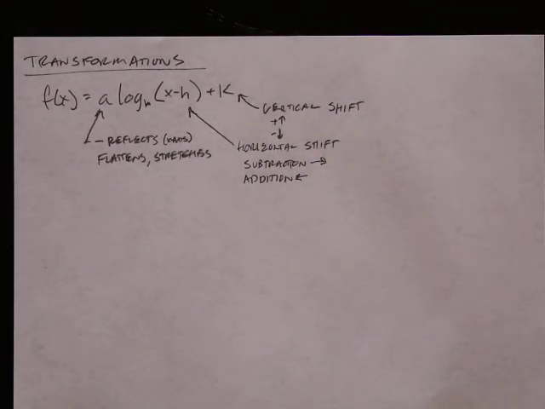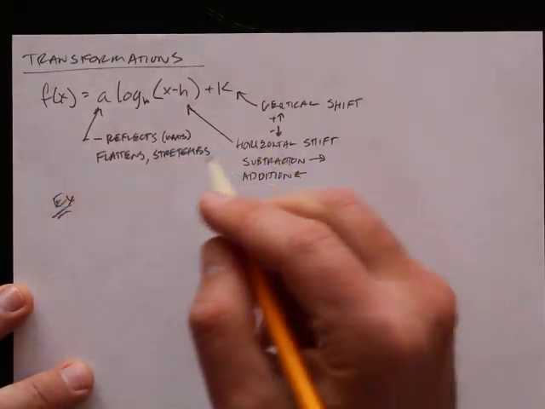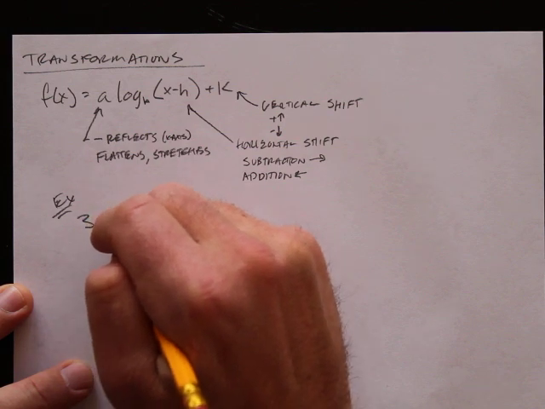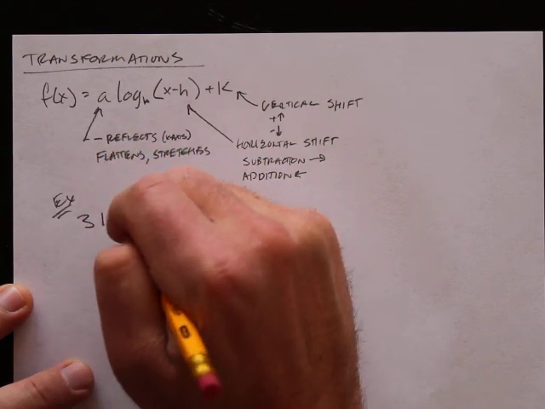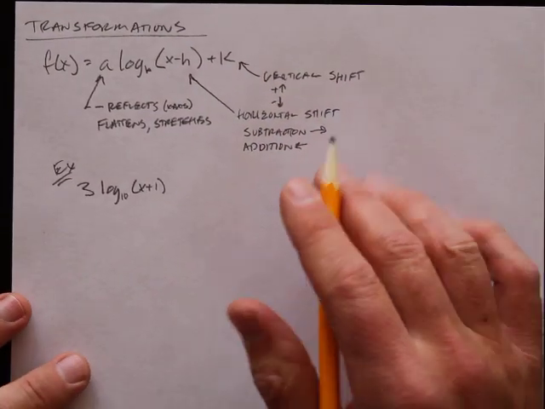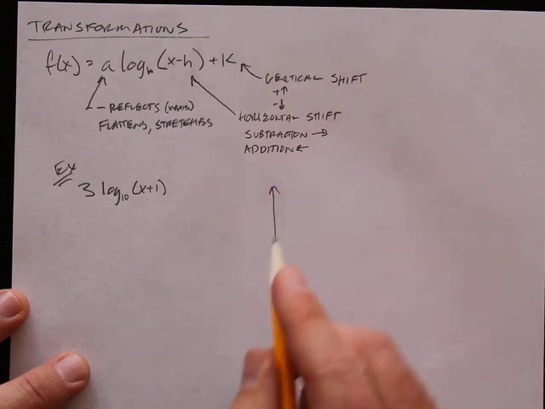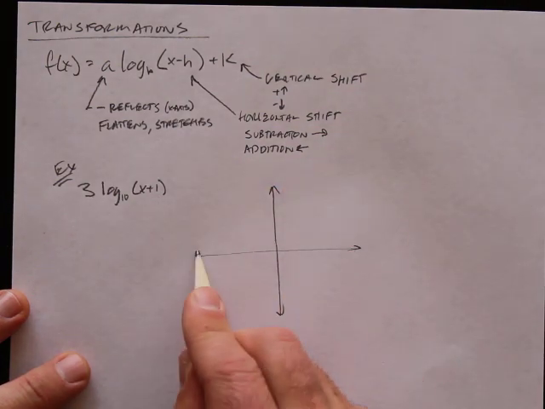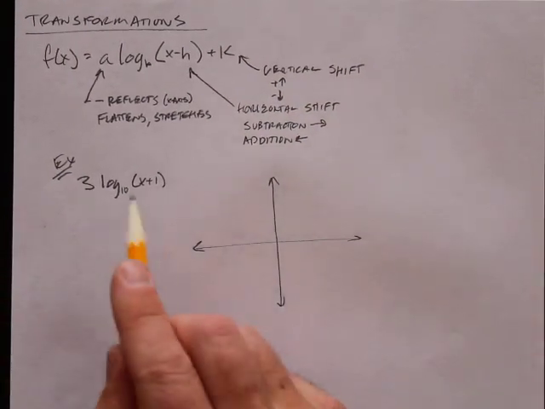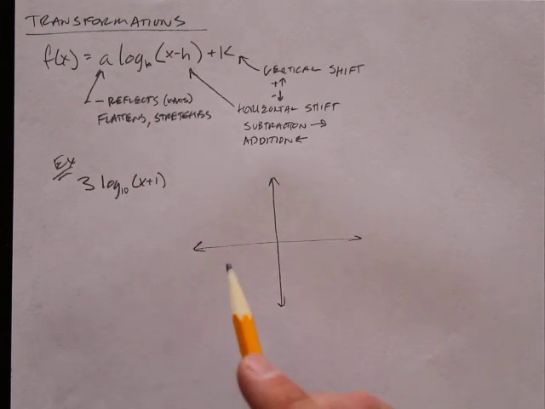Let's do one example. 3 log base 10 of x plus 1. Okay. All right, so b is a number that is not a fraction between 0 and 1.